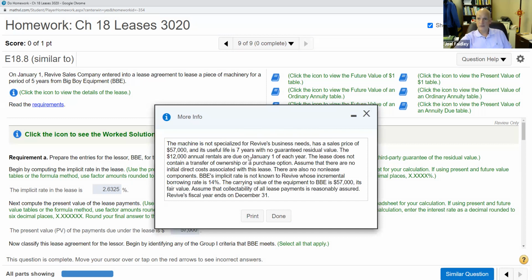Sales price, useful life 7 years. 12,000 annual rentals are due January 1. Incremental borrowing rate 14%. Carrying value of equipment 57,000. Book value, same thing, which is also the fair value.